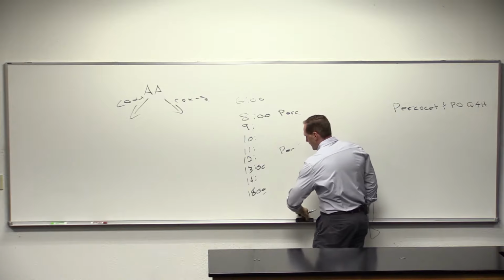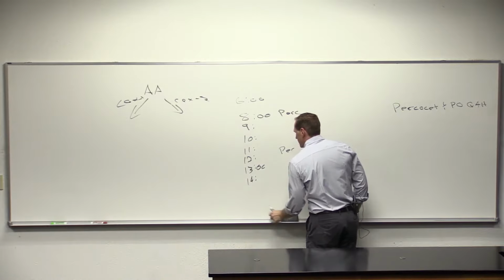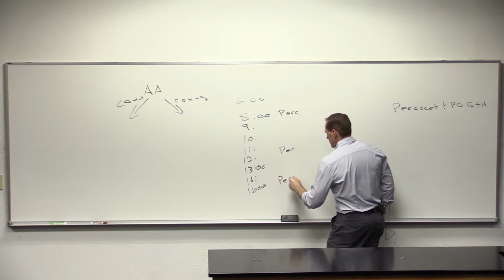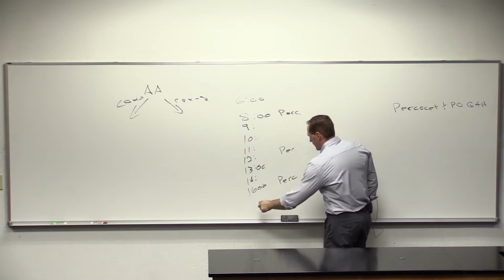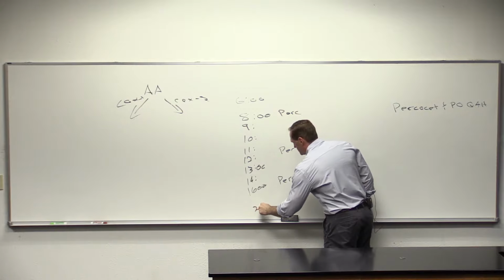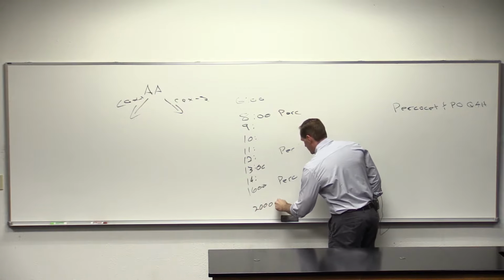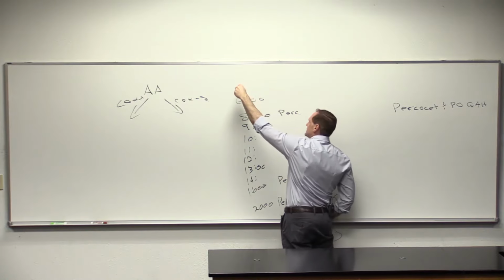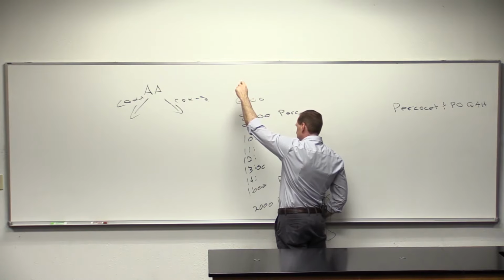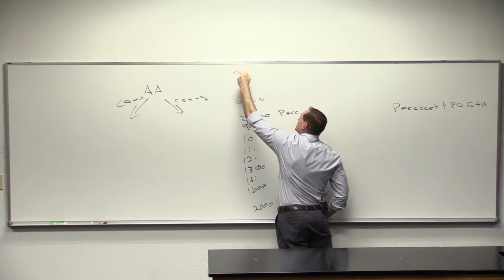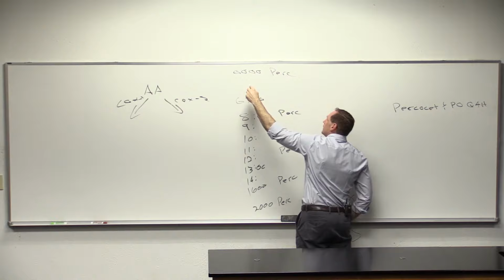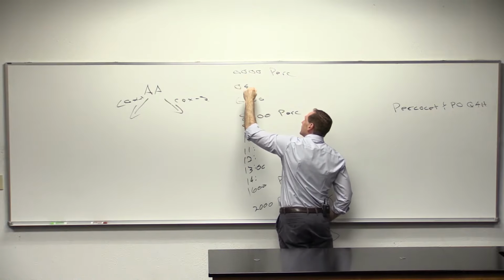Then they get their Percocet at 1600, and then they got it again at 2000. And then last night they got it in the middle of the night at 100, and then at 4 in the morning.